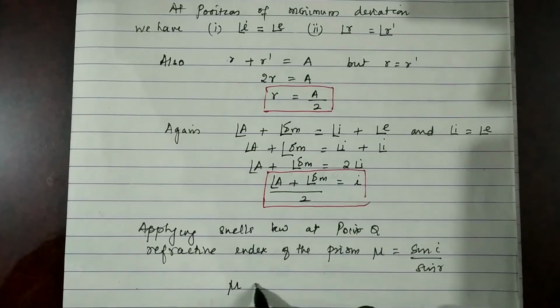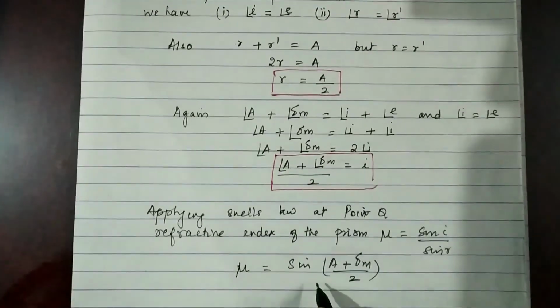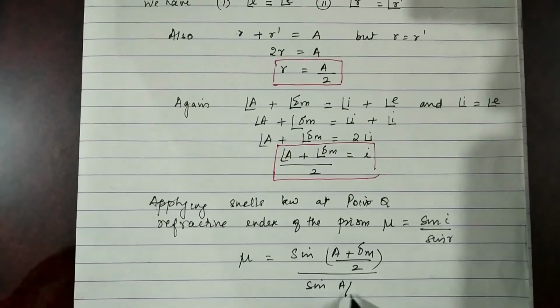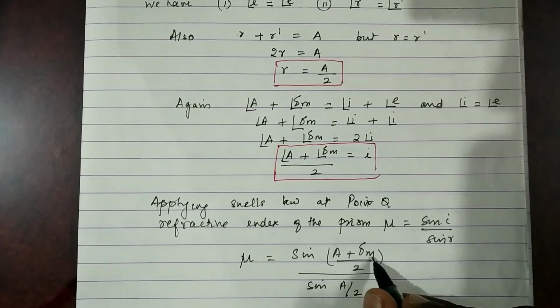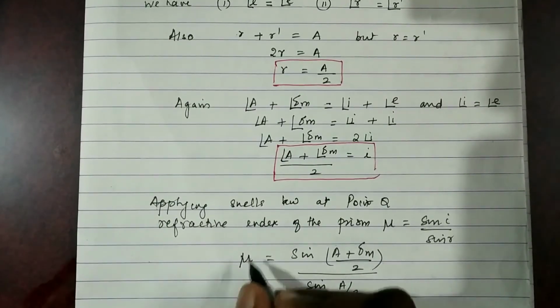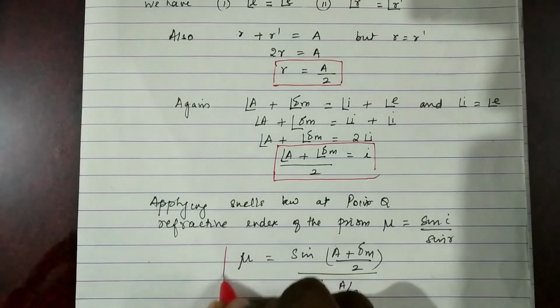That is, mu is equal to sin of (A plus delta M) by 2 divided by sin A by 2, where A is the angle of the prism, delta M is the angle of minimum deviation of the prism, and mu is the refractive index.